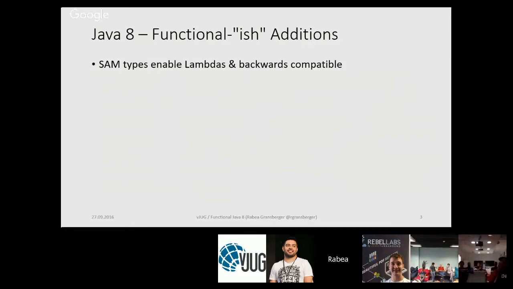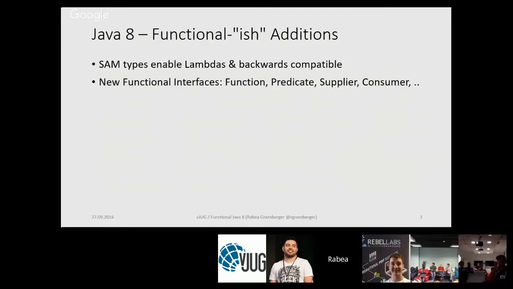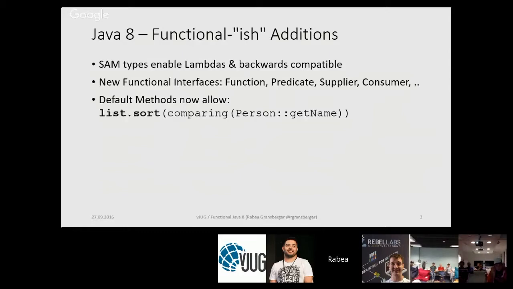So the libraries don't really have to be compiled for Java 8. If they just have the right interfaces, we can still use them with lambdas. Some of the standard functional interfaces also introduced in the core Java library are the function, predicate, supplier, and consumer interfaces, which we just have as basic building blocks.